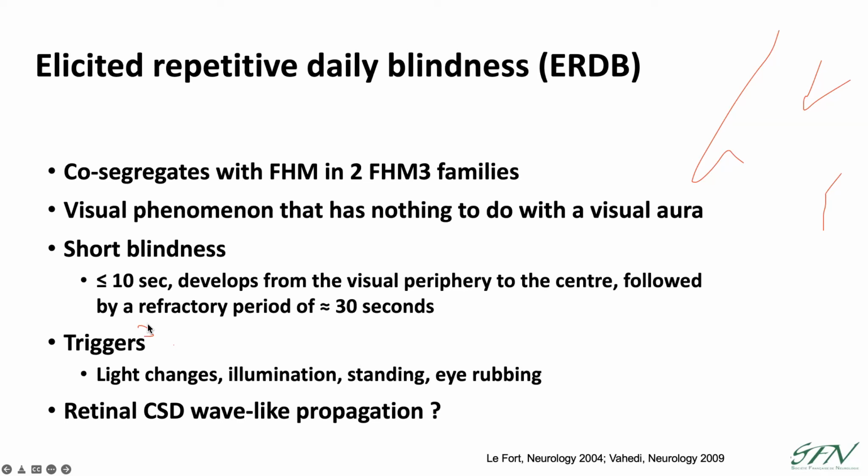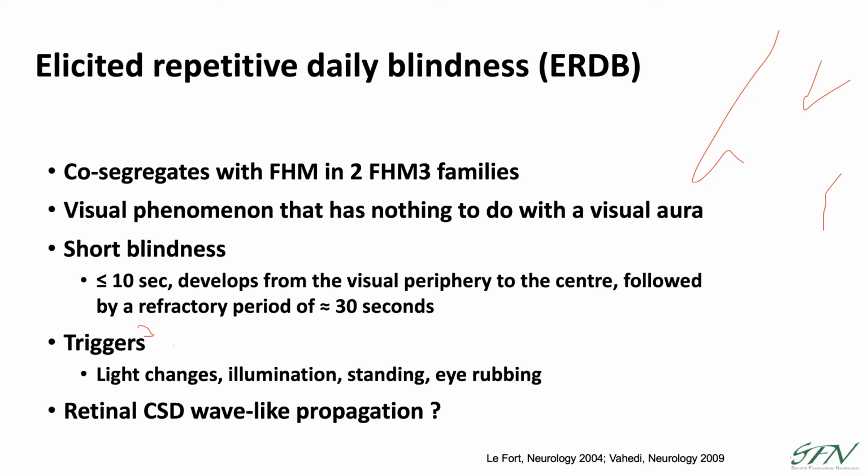Then there is a very rare phenomenon called elicited repetitive daily blindness. 2 or 3 families have been published with this phenomenon in addition to hemiplegic migraine attacks. It's a visual phenomenon that has nothing to do with a visual aura, and it's characterized by a short blindness, less than 10 seconds, that develops from the visual periphery to the center, followed by a refractory period of about 30 seconds.